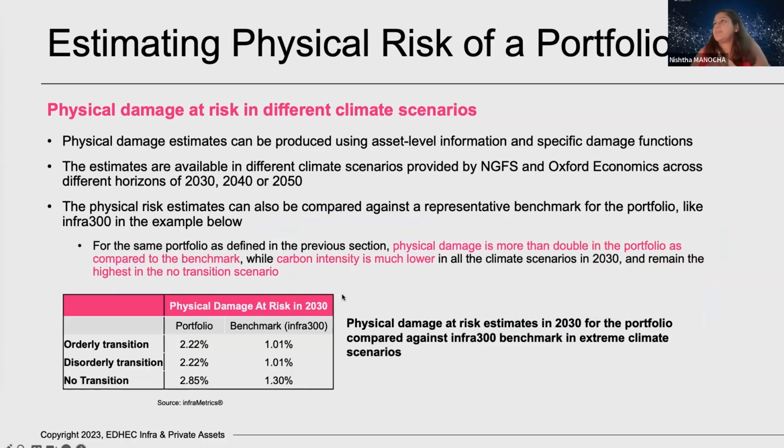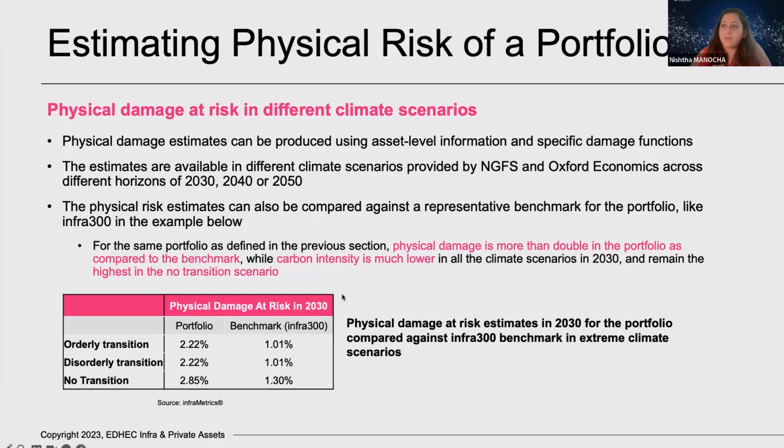I would like to point out that this can also be done at a portfolio level. When you have a portfolio, we can produce physical damage estimates using asset level information and specific damage functions, as I just showed you before. These estimates are available across scenarios, and these can also be compared against a benchmark.